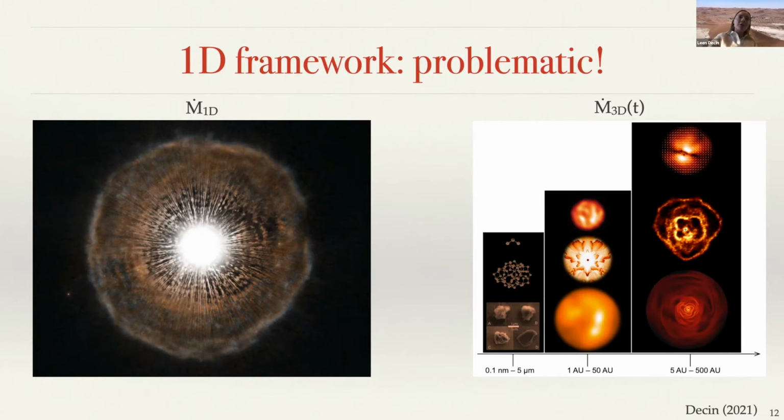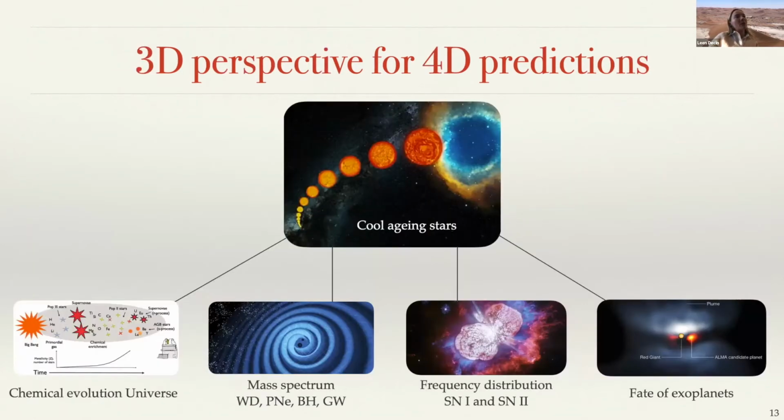But the focus of today will be on this last box. We do see large-scale, correlated density structures that have a meaning and that we, or at least we think we, do understand now. So if we are aiming to have a better prediction of some of these phenomena that I just showed you, we need to have the endeavor of having three-dimensional mass loss rate predictions as a function of time.